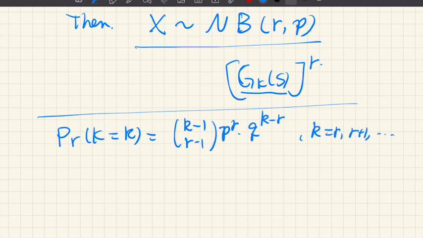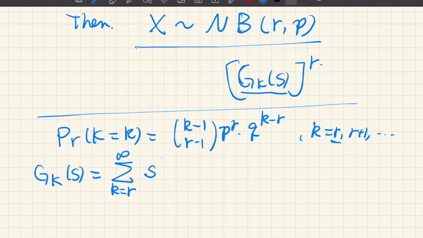So in this case, the probability generating function is the sum over k. K doesn't start from 0, it starts from r, so just be careful.